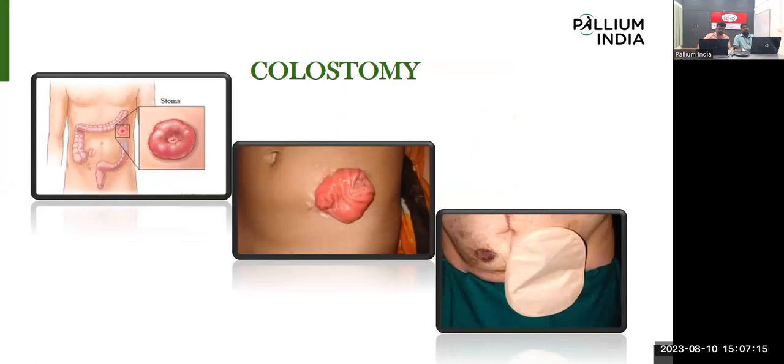On the stomal region, we use this appliance for collecting the fecal matter. Okay, this one is the colostomy bag.